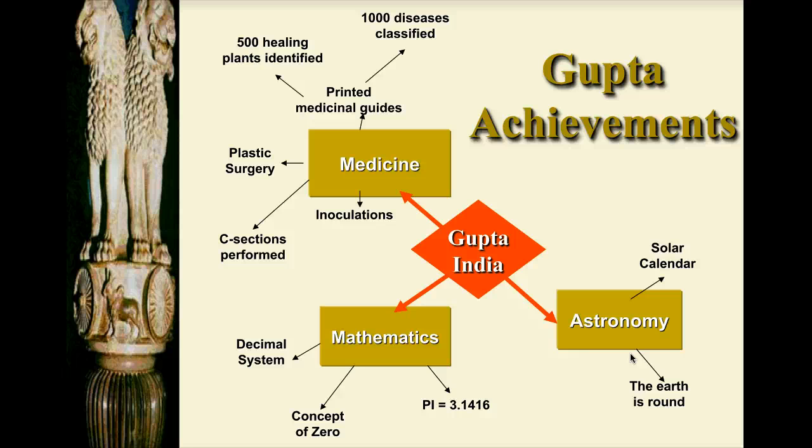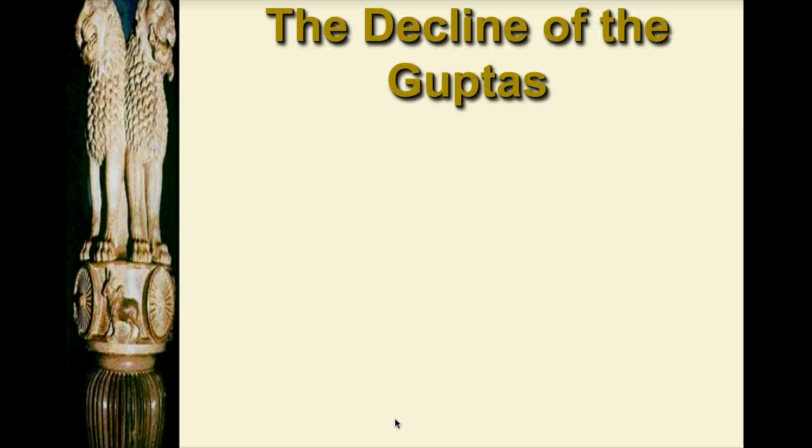So the Europeans first came in contact with zero and these numbers through the Islamic Empire, but really the Islamic Empire was building on Gupta's achievements. The Gupta also come up with a decimal system. You can see they have pi, the notion of pi. Like I said, the Gupta's greatest achievements were in the field of mathematics.